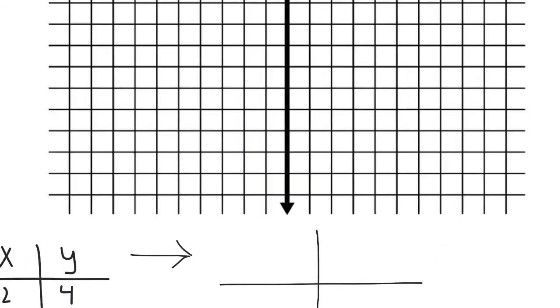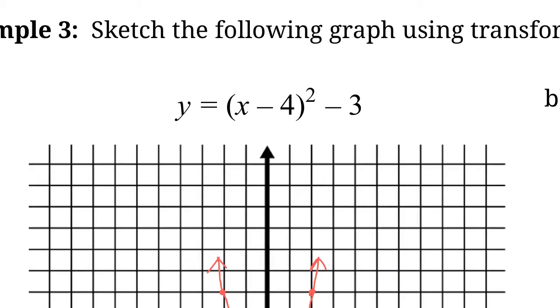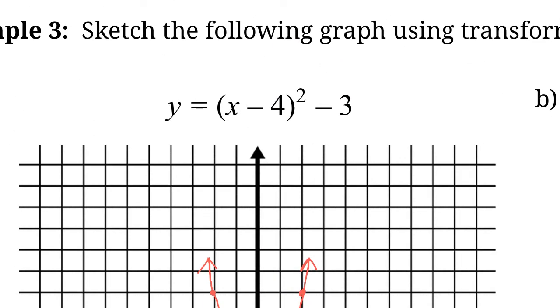So if we go back to our equation here, our horizontal translation is represented by a value of -4. Now remember, when you see a negative inside the bracket, that implies that your parabola is being shifted to the right.